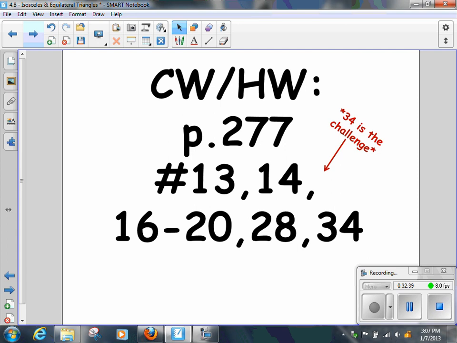Look at 16 through 20. It's like the problems that we did today in our notes, but there's a twist. What's the sum of the angles in a triangle? 180. If you look at number 16, notice that you only have one base angle measure.